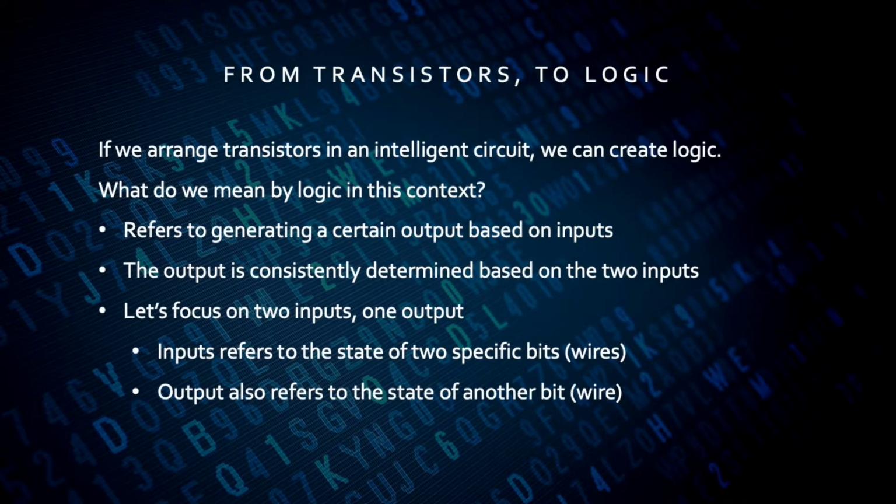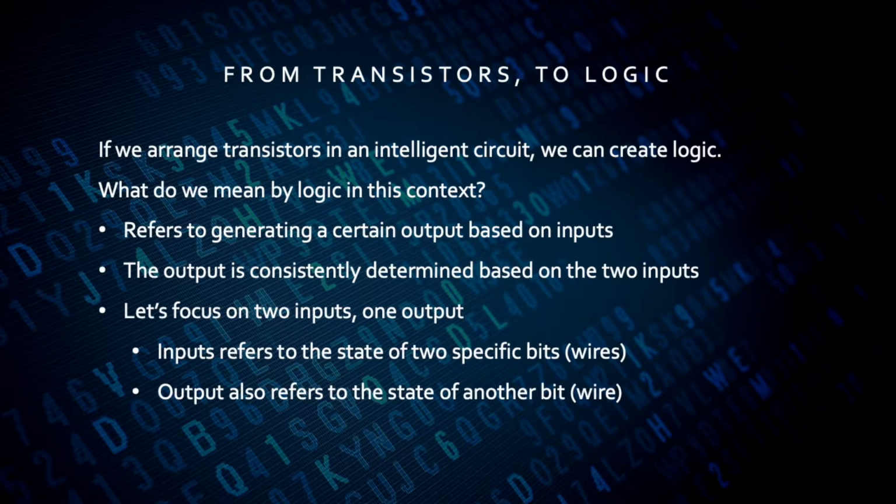Alright, now that we know how transistors work, let's see how we can leverage transistors to create logic within a circuit. In this context, what we mean by logic is the same kind of logic that we apply in our daily lives. For example, if I'm filming this video right now in my room, and my room is in my apartment building, then you can say that I'm filming this video in my apartment building.